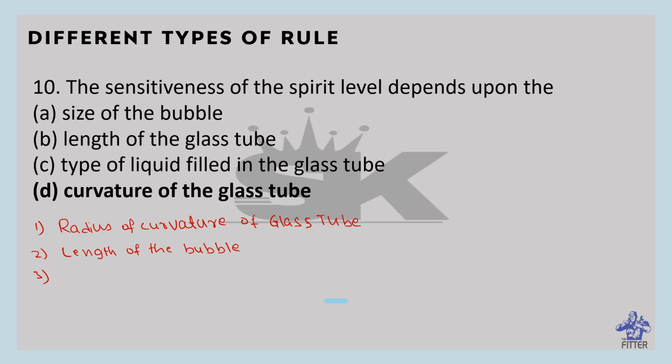Third one is diameter of the bubble. And fourth one is viscosity and surface tension of the liquid.